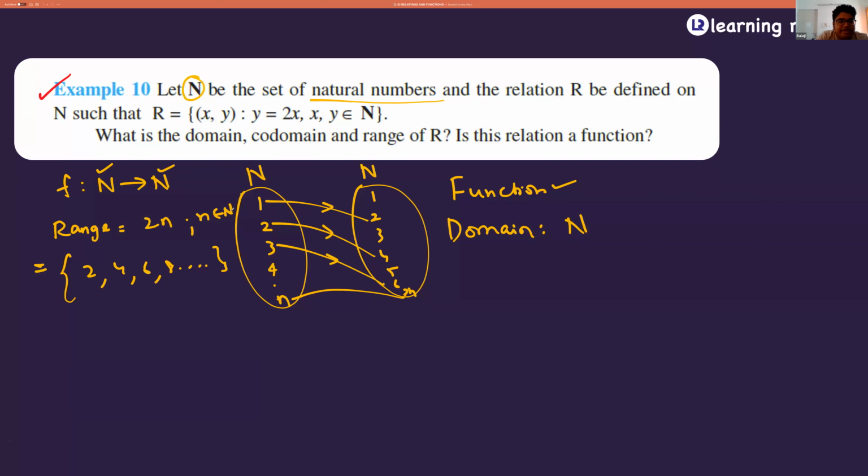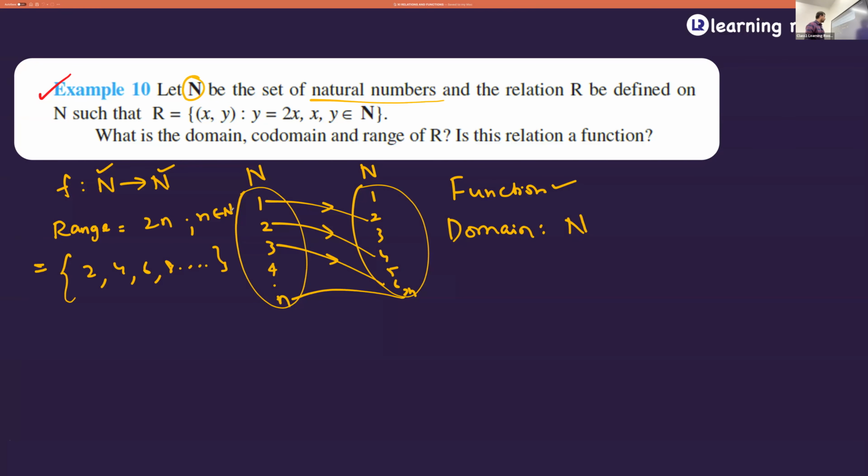So in this case, codomain and range both are the same, right? No. In the codomain, 1, 3, 5 are not participating. You're able to understand? Sir, so domain and codomain are same?